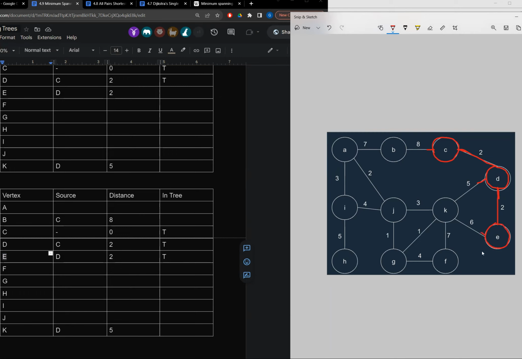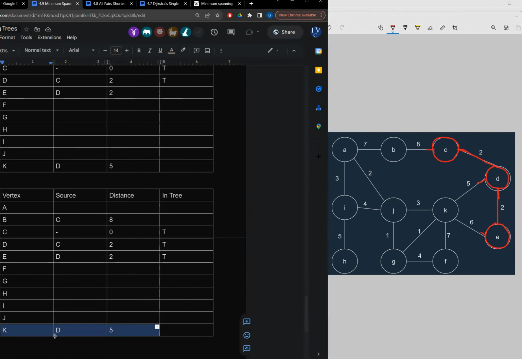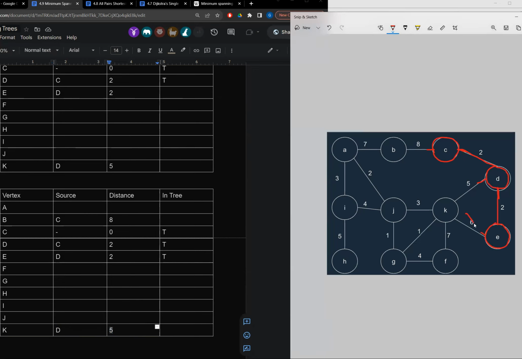That tells us about an edge. We have a potential way to get to K. We already have information about getting to K. It only costs us 5 to get there. This new information at 6 is not an improvement. So, important note, difference here: we're not building paths.